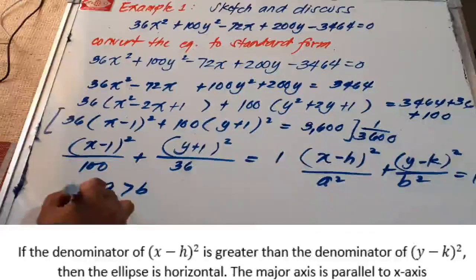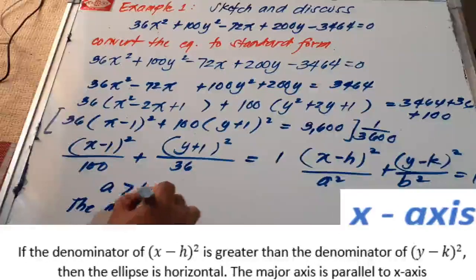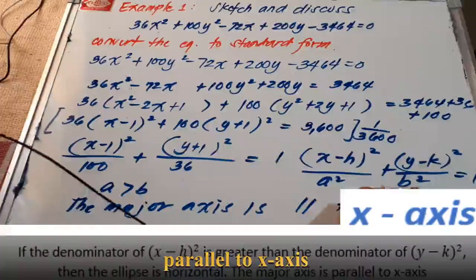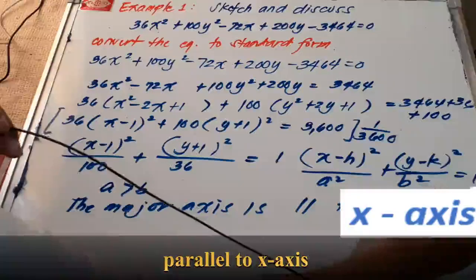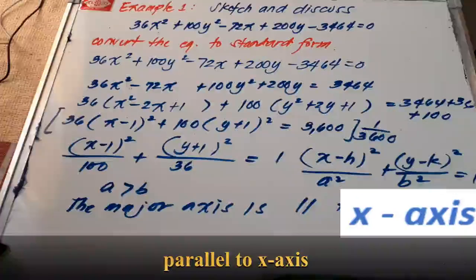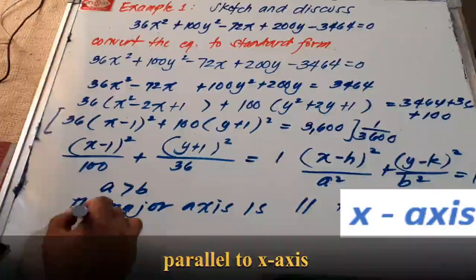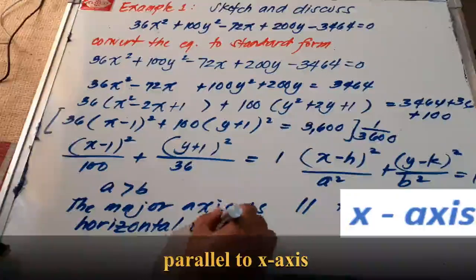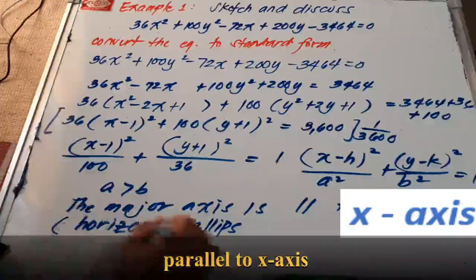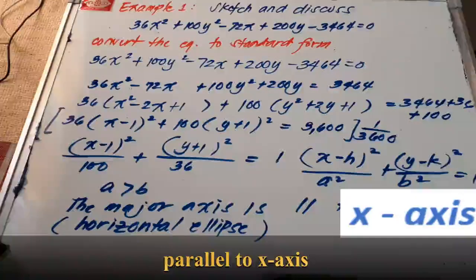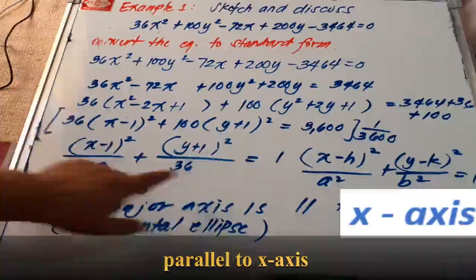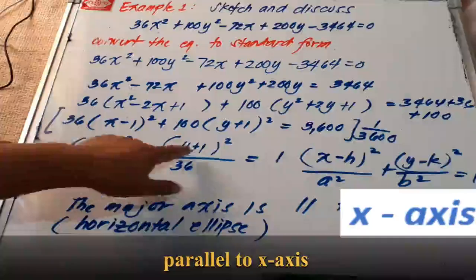Therefore, the major axis is parallel to the x-axis. Ibig sabihin, we have an ellipse that is horizontal. So therefore, the center of the ellipse is located at (h, k), or that is (1, negative 1).